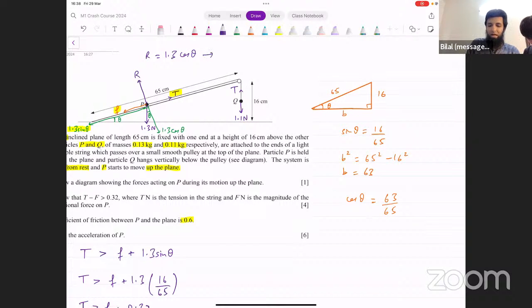So that means R is equal to 1.3 into 63 over 65. What do we get from that? 1.26. 1.26 Newton, that's the value of R that we have.